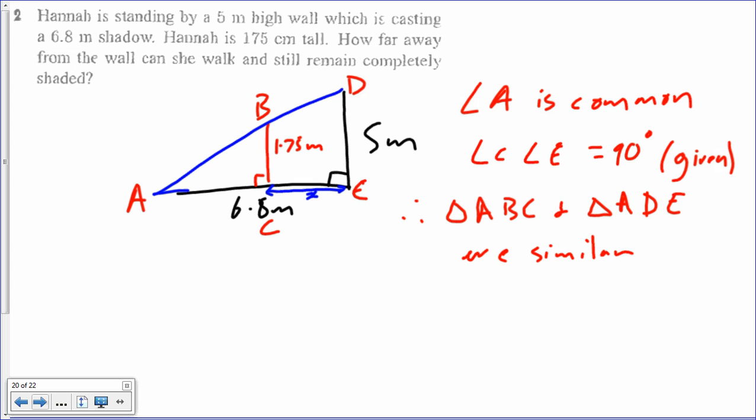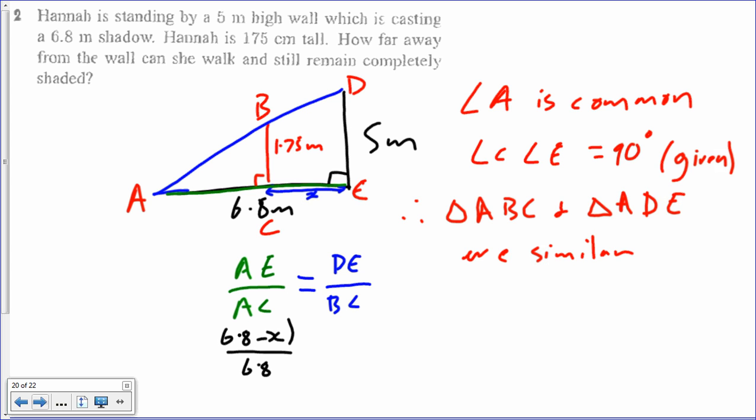So now what we need to do is get our bits that we want. So x is here, so it's going to be AE over AC, and that's going to be equal to DE over BC. To work out this bit here, we're going to have 6.8 take x over 6.8 equals DE, which is going to be 5 over 1.75.